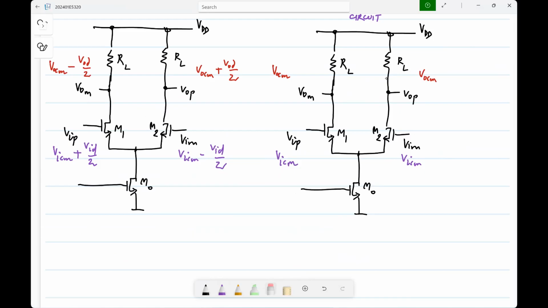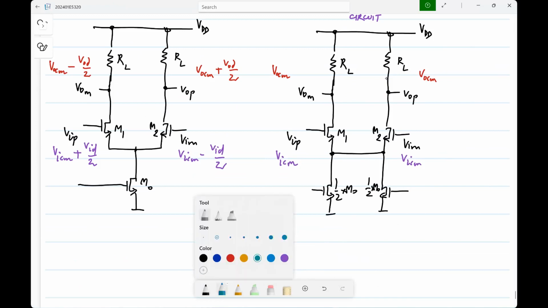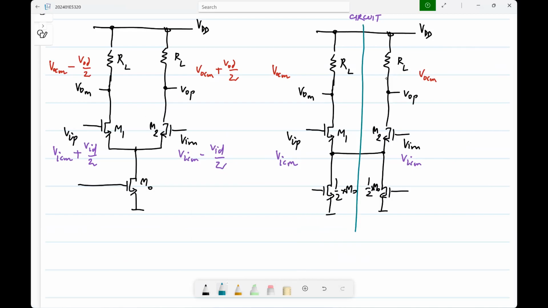If you wanted to formally do the common mode half circuit, what you would do is replace this with half M naught for the sake of analysis. Okay. Two of them, right? And then if you draw this center line, the line of symmetry, you know that on any wire crossing that line of symmetry, what happens in the common mode picture?